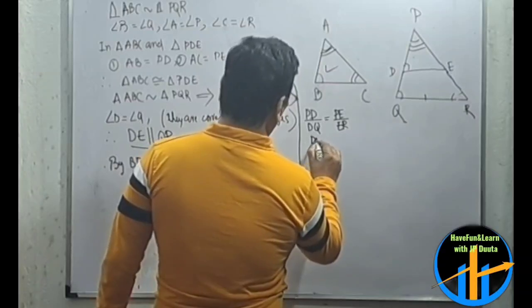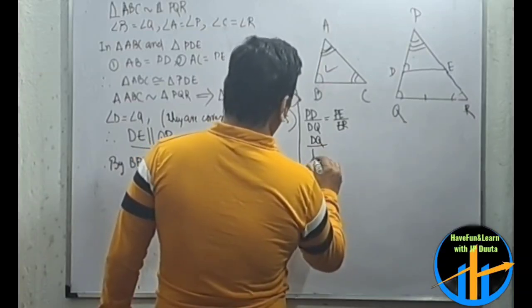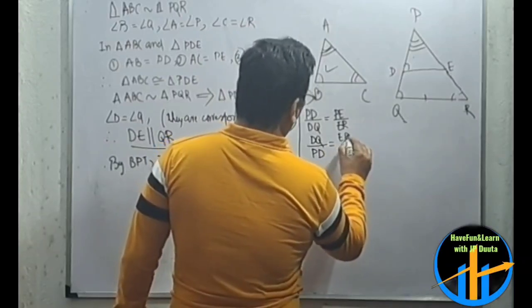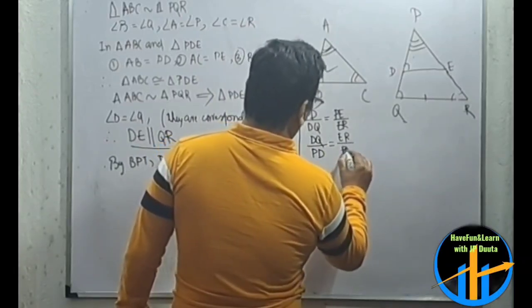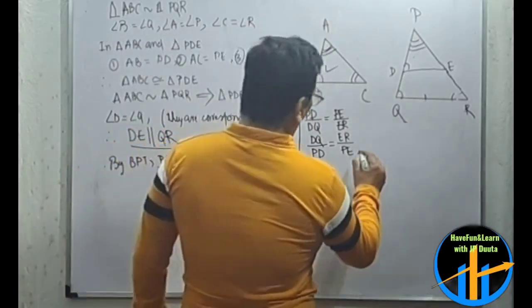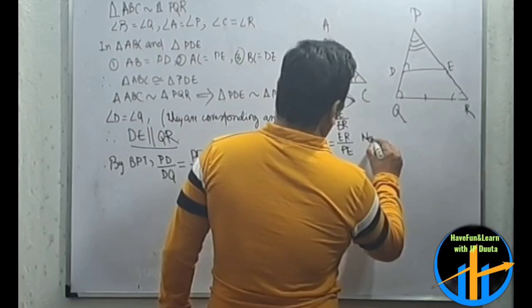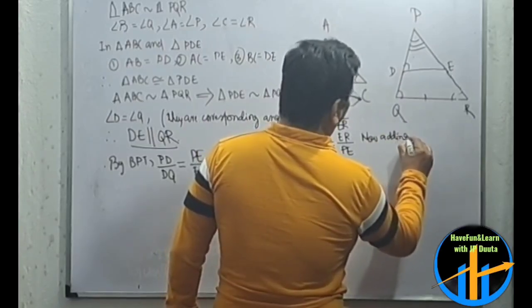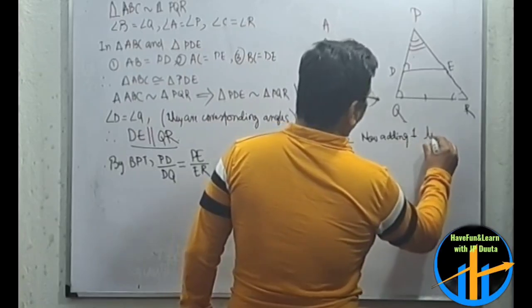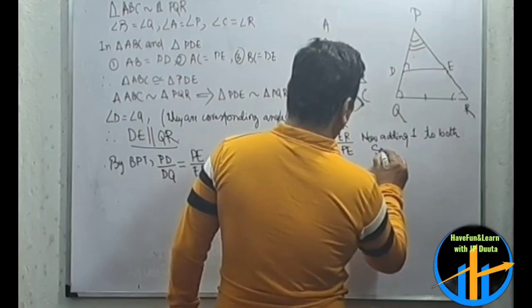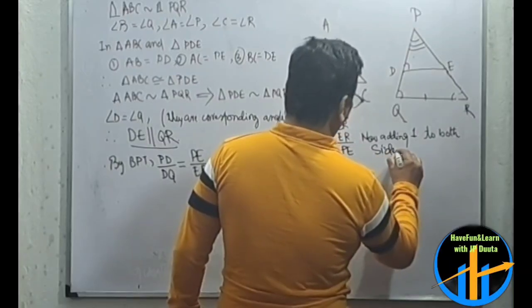We can write DQ by PD is equal to ER by PE, right? Correct? Now adding 1 to both sides. Let us see what I get.